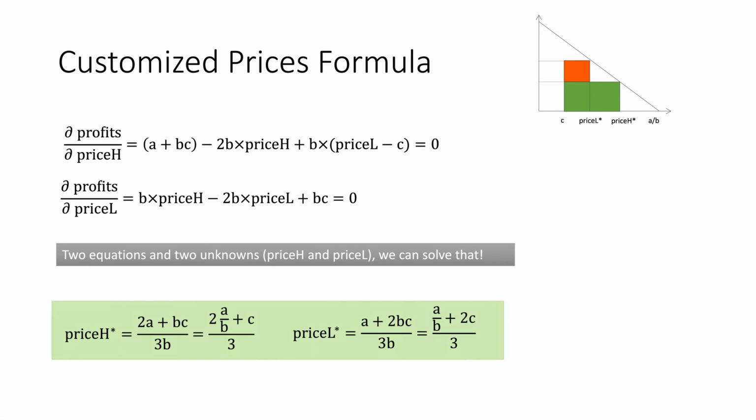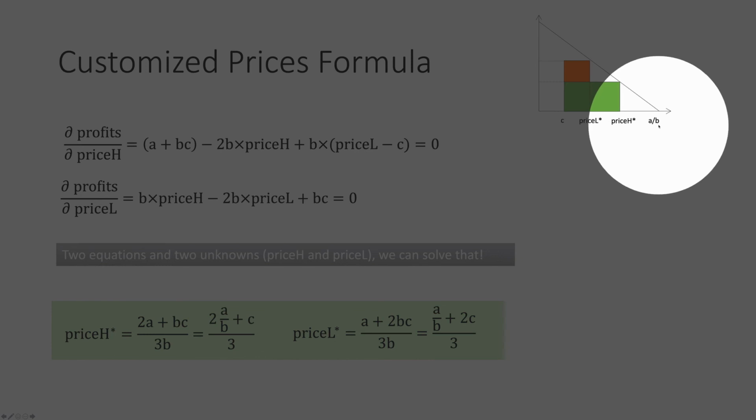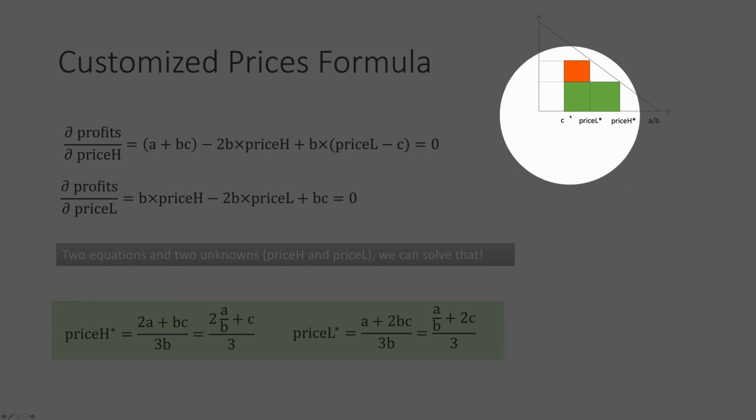Again, there is an easier way to remember this formula. Keep in mind that the two endpoints are A divided by B, the maximum willingness to pay, and the variable cost.